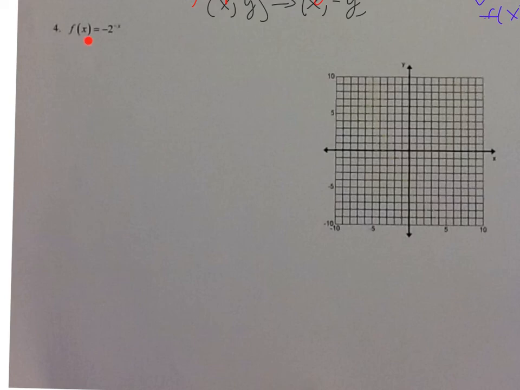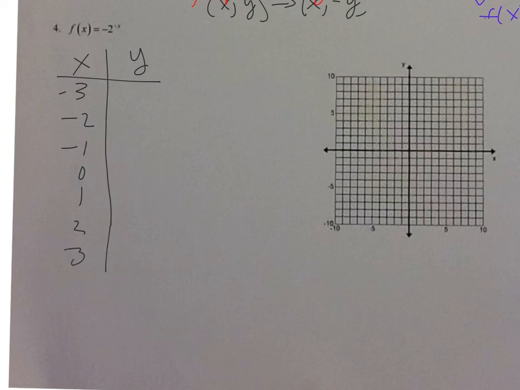Okay, so that is f of x equals -2 to the -x power. Okay, so let's make a table of values. -3, -2, -1, 0, 1, 2, 3. Okay, plug it in your calculator. You get -8, -4, -2, -1, -1/2, -1/4, -1/8. Okay, so let's plot the points.